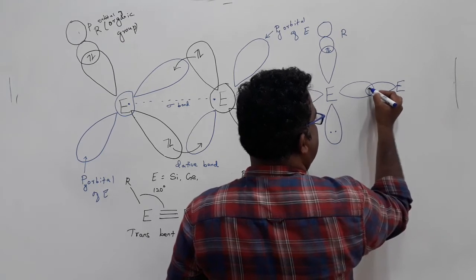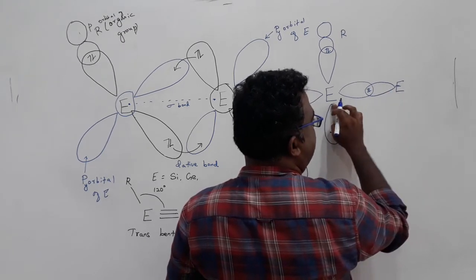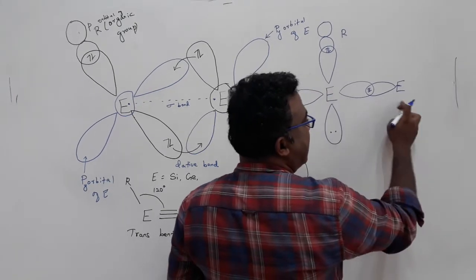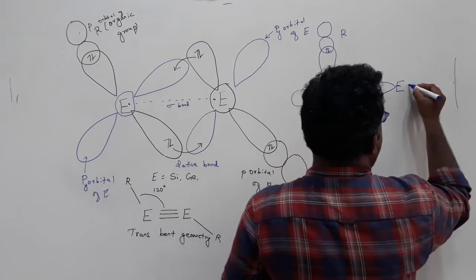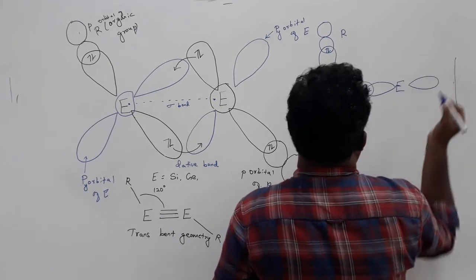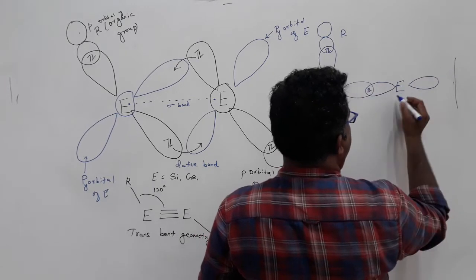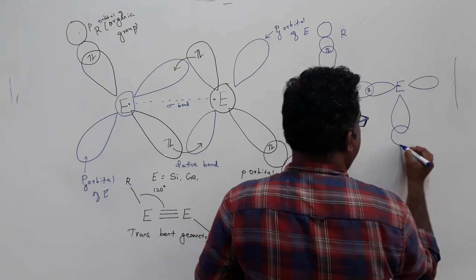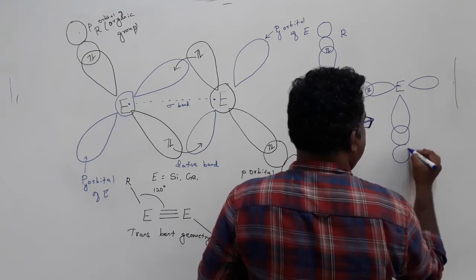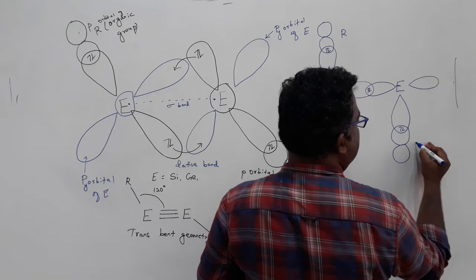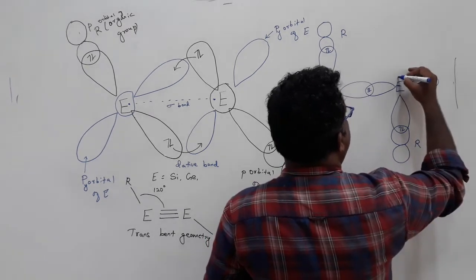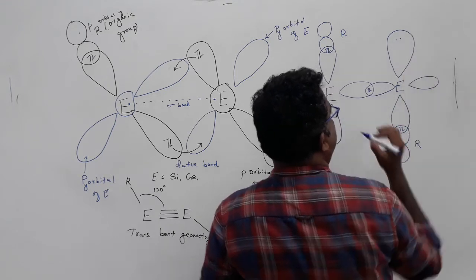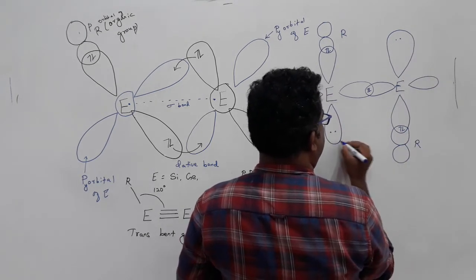Each E will provide one electron to form a sigma bond between the two E atoms. You have an sp hybrid orbital which will overlap with R to form a sigma bond. Also, you have the opposite sp hybrid orbital which has a pair of electrons.